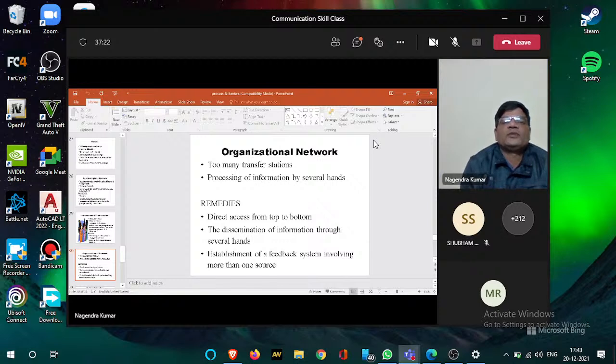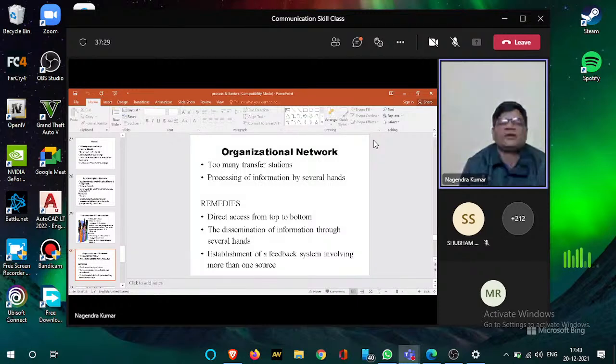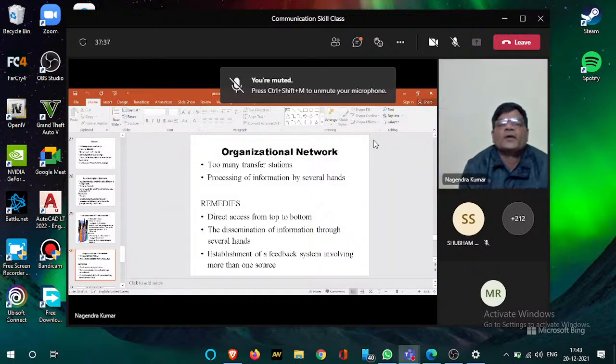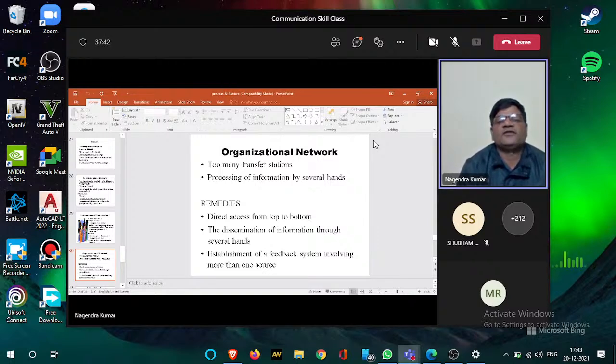So you see, such kind of organizational networks create a confusing situation, and the remedy is that organizations should devise a communication mechanism which has direct access from top to bottom, where you can send your message directly to the person who is responsible to take decision. So you can send your emails to the director directly.